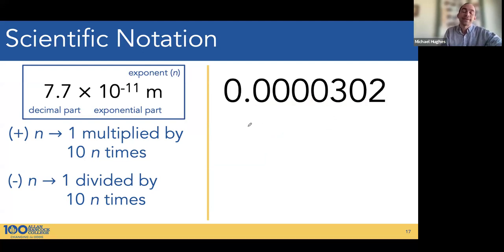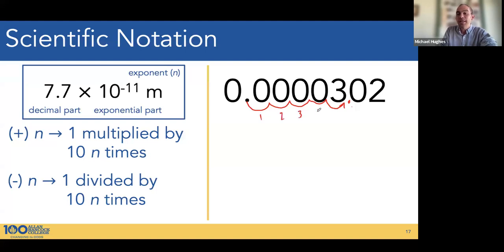Here's one that's less than 1, right? A number that's less than 1. And so we'll put our decimal point, 3.02 is a number between 1 and 10. So how do we get there? From where we start, we go 1, 2, 3, 4, 5 times.